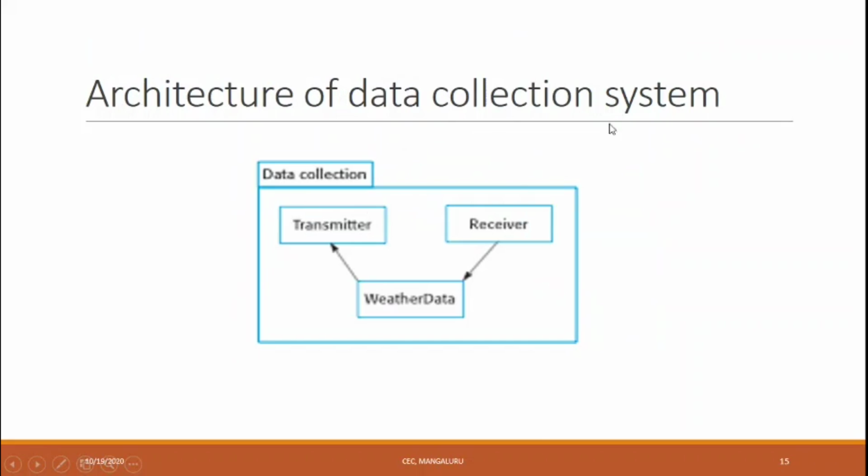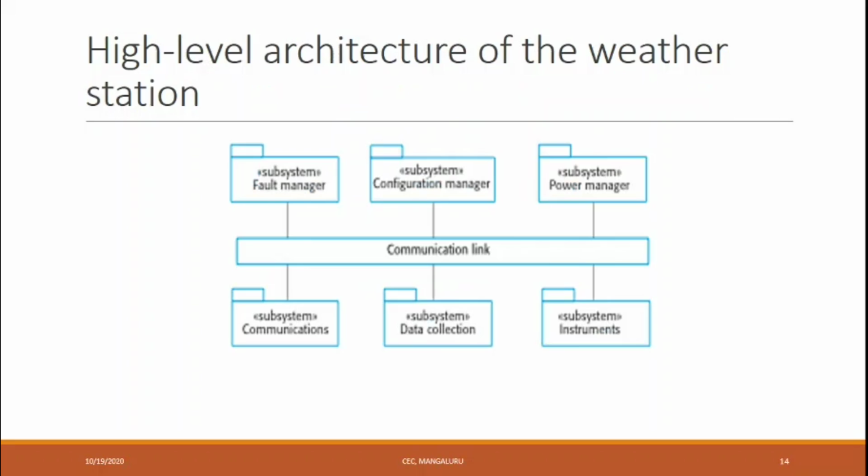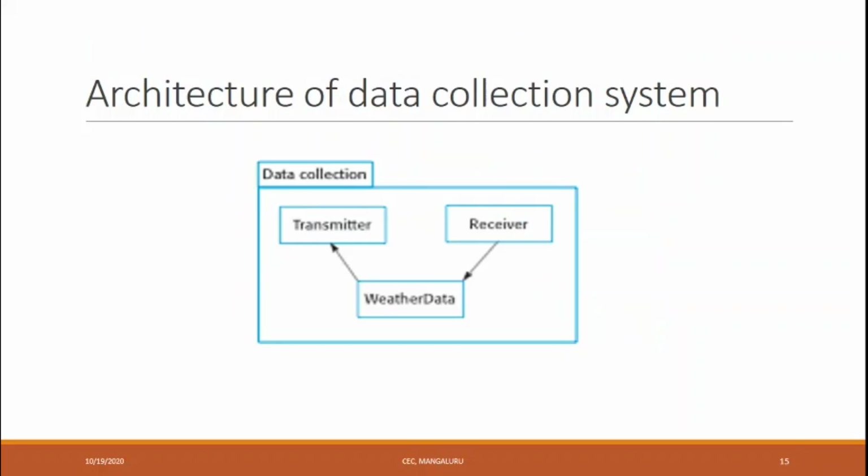Architecture of the data collection system. In the previous slide we saw a number of subsystems: fault manager, configuration manager, power manager, instruments, data collection and communication. Now they give some brief detail about what data collection actually does.